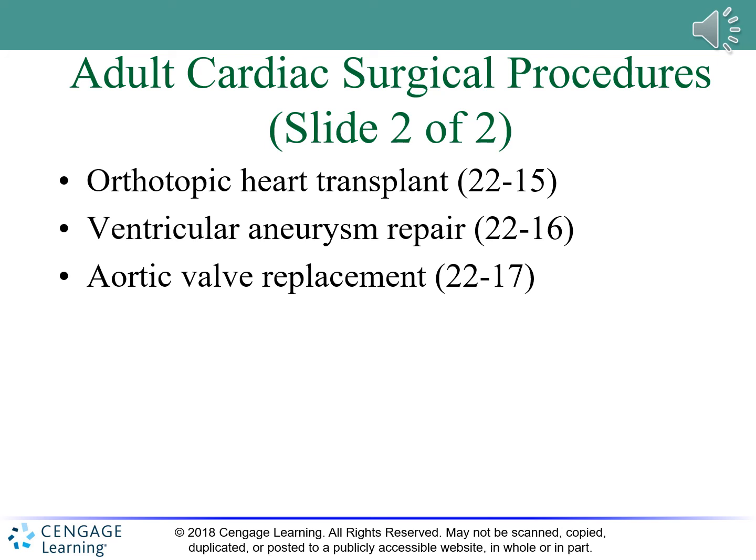All right, so that takes us to 1062, the aortic valve replacement. Under pathology, disease of the semilunar or AV valves of the heart can lead to stenosis of the valves, a condition that can obstruct the normal flow of blood from one region of the heart to another, or to valvular insufficiency, which can cause a reflux of blood into the area from which the blood was ejected during systole.